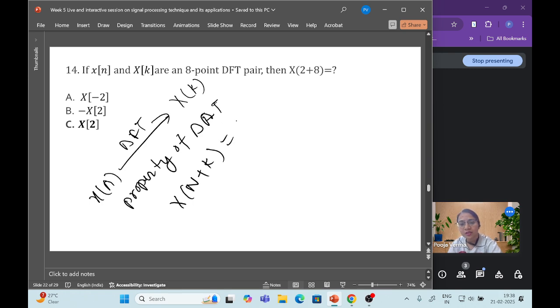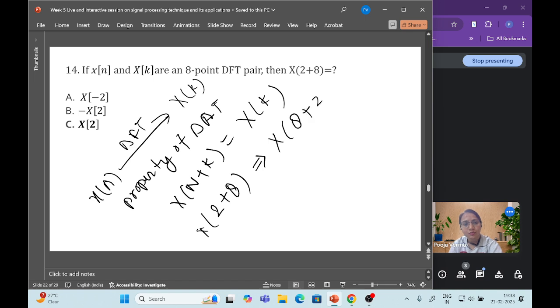By the periodicity property, X of n plus k is X of k. Here it is an 8-point DFT, and it is written in a different way, so we have to rearrange it: 2 plus 8, similarly 8 plus 2. So this is n plus k, and it is just X of 2 from the periodicity property. So option C is the correct answer for this question.